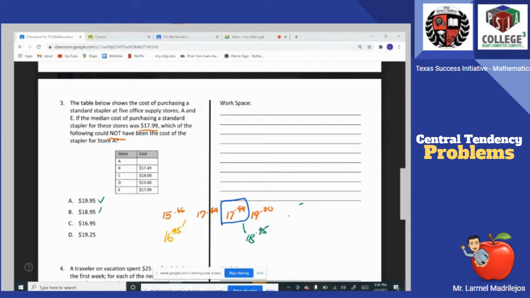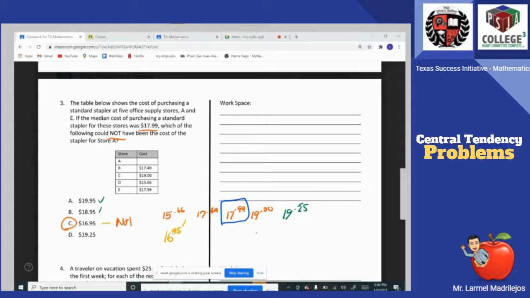That's interesting. If I put 16.95 here, this is going to be the middle. And last is 19.25. If I put that here, it's still in the middle. So which could not have been the cost of the stapler at store A? My answer is 16.95. So the answer is letter C.